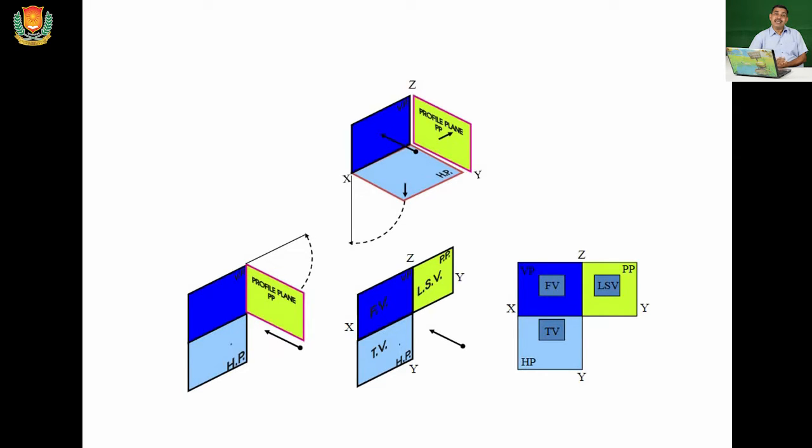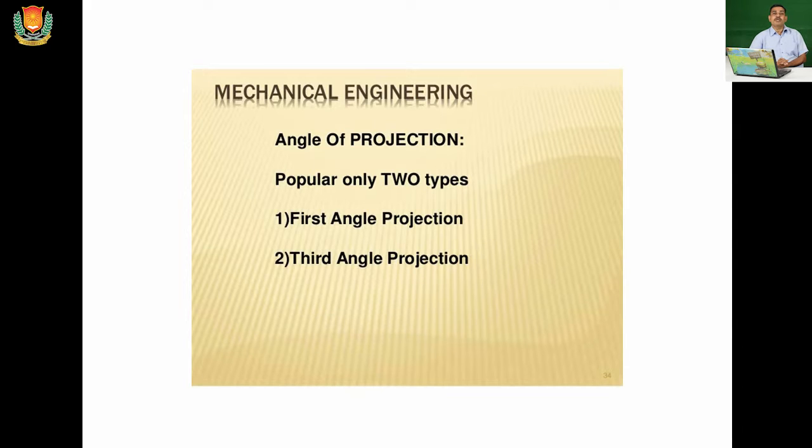That reference line says the upper part is the front view and the lower part is the top view, or you can say the upper part is the vertical plane and the lower part is the horizontal plane. Again we draw a Z axis, which divides the paper with the perspective plane. So the paper can be divided by the reference lines into the vertical plane, horizontal plane and perspective plane.